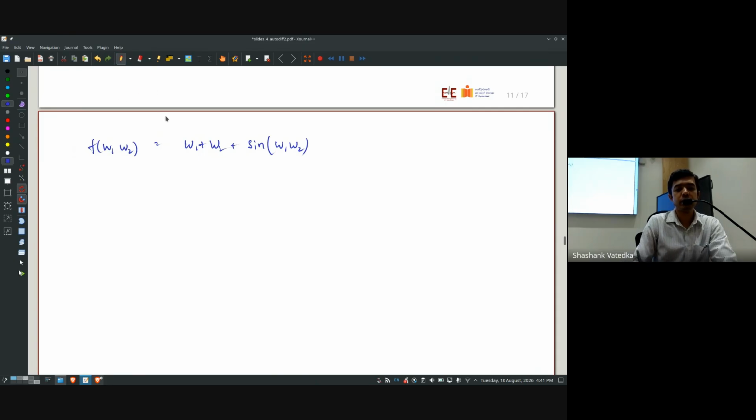Now I can represent this using a computation graph. So let me introduce some variables. Let's say that V1 is equal to W1, V2 is equal to W2, V3 is equal to W1 times W2, which is V1 times V2.